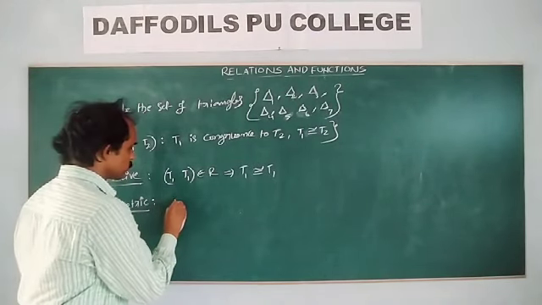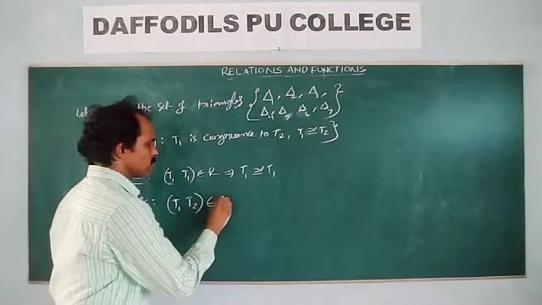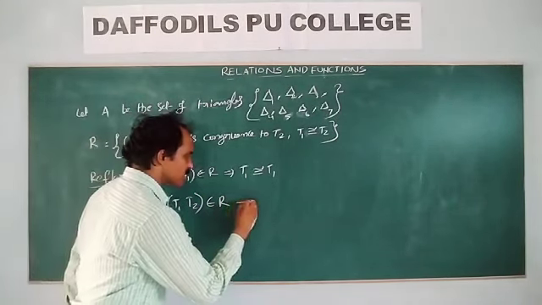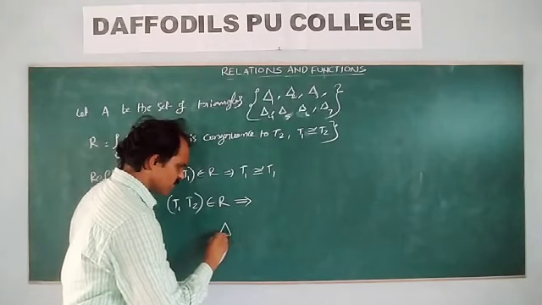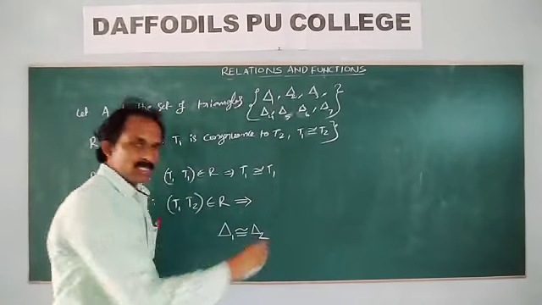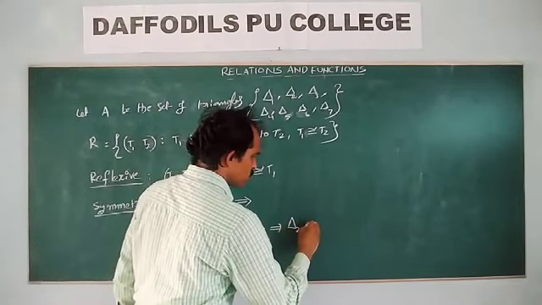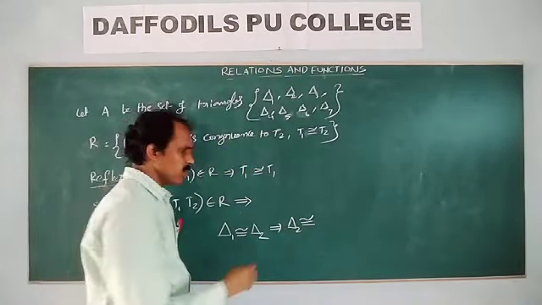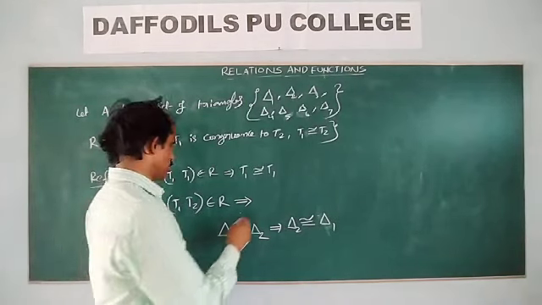For example, (T1, T2) belongs to relation R. Suppose this triangle is congruent to this triangle, that implies T2, triangle 2, is also congruent to T1.